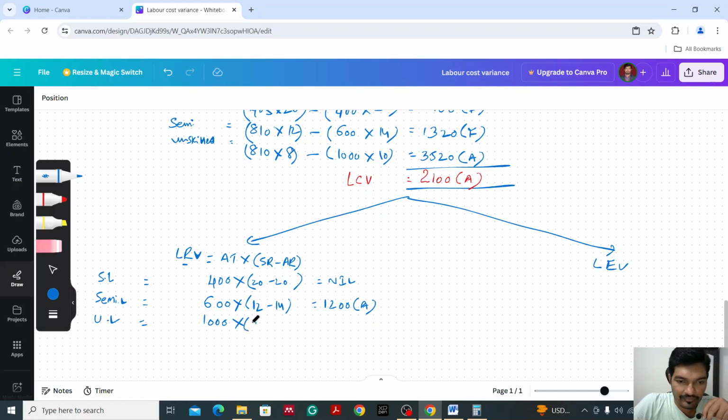Similarly, 8 minus 10, here also we are getting a negative value, 2000 in adverse. Then the total LRV is 3200 in adverse.